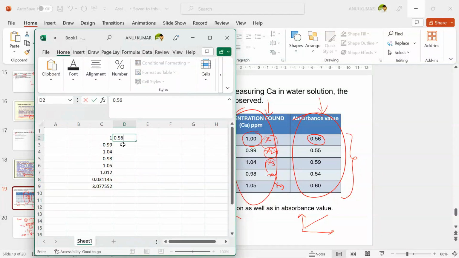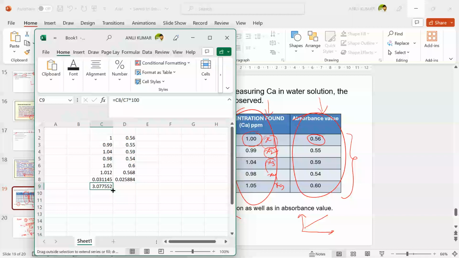Similarly, if you want to calculate for absorbance, that will be 4.56, something like that.